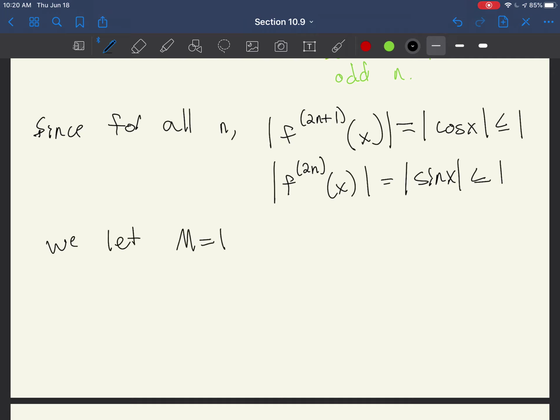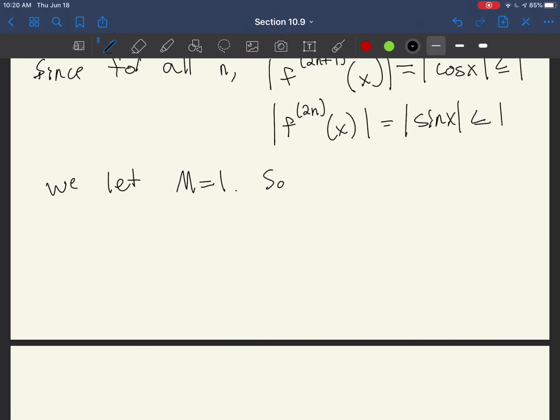So, in other words, we can bound the n plus first derivative of f of x by 1. So we let m equal 1.